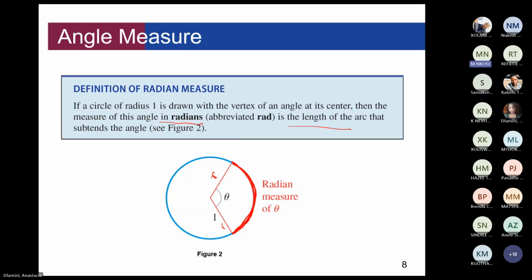Not the length of the radius, but the measure of the angle. So this theta here is equal to the arc length, in radians.